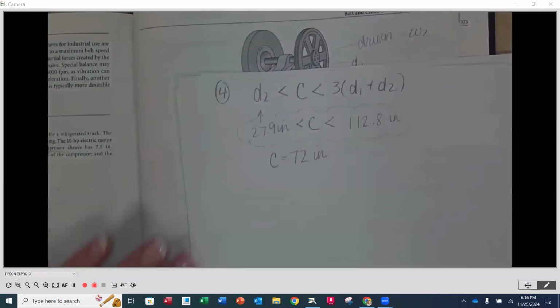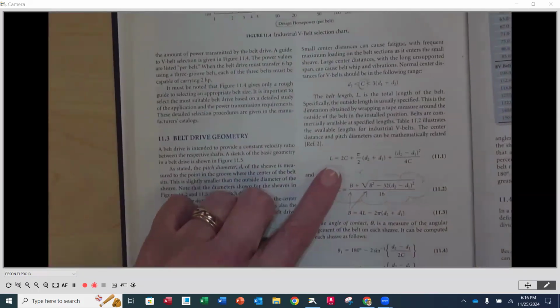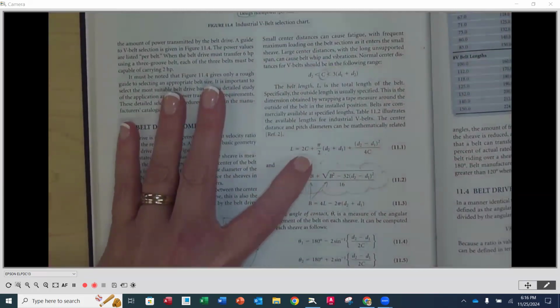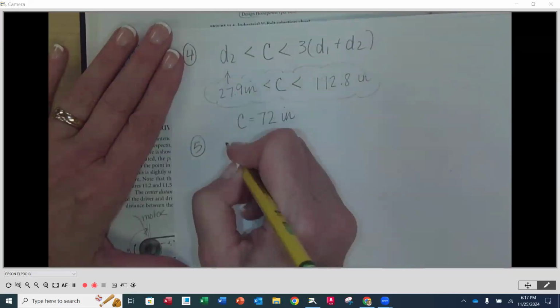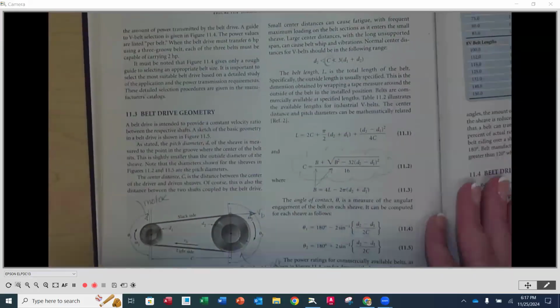So what that allows us to do is, by using 72, we can then go back and calculate the length of our belt, okay? And see how close we are to something that's commercially available. So step number 5 is going to be L is equal to, and I'm going to use that equation down there.